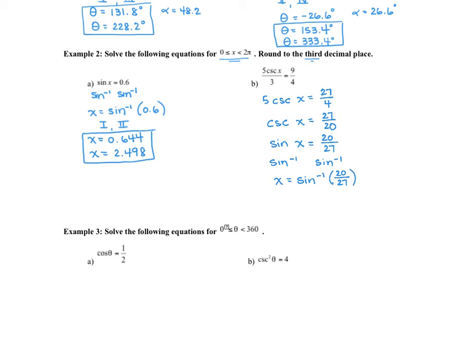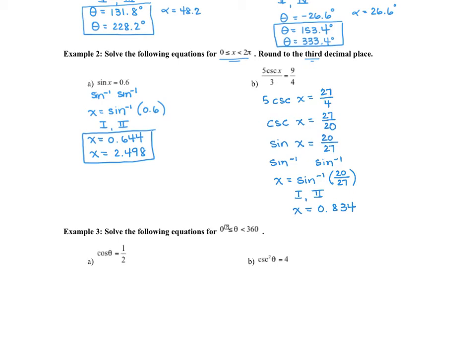Again, in radian mode, and we know that the sine is positive in quadrant 1 and quadrant 2. When I plug that in my calculator, I should get a principal value of x equals 0.834, which is the angle measure in radians in quadrant 1.